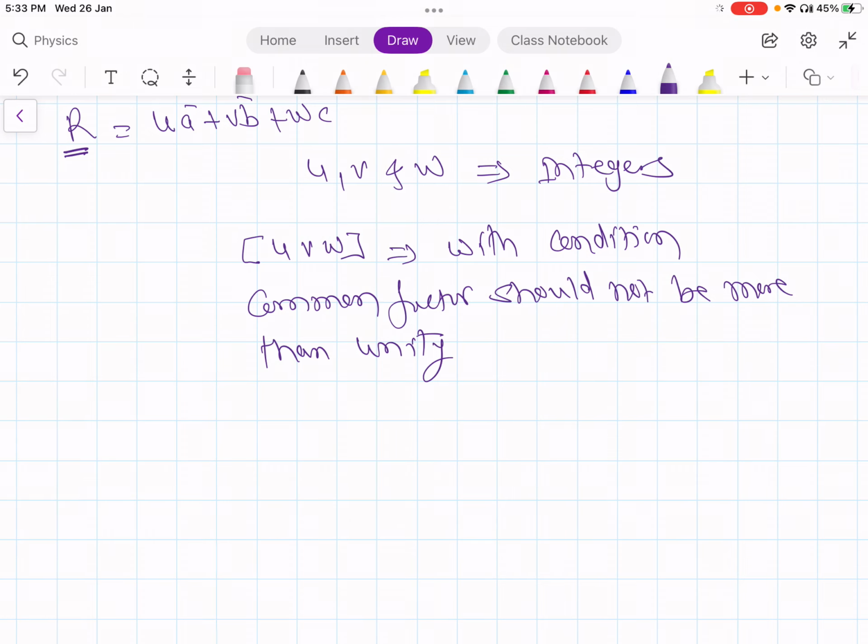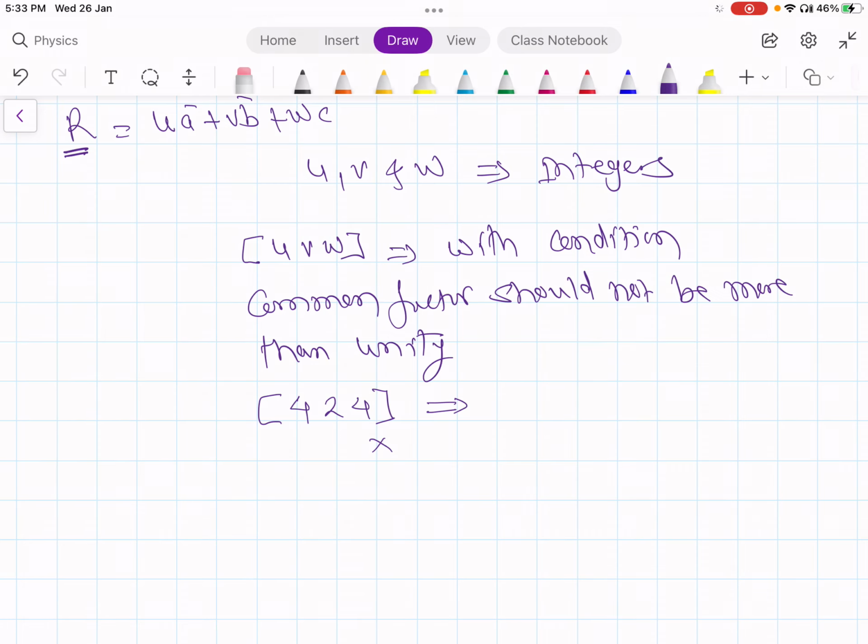Now, as I said, their common factor should not be more than unity. It means if Miller indices are 4, 2, 4, then it is wrong because their common factor is more than unity. And our condition is common factor should not be more than unity.